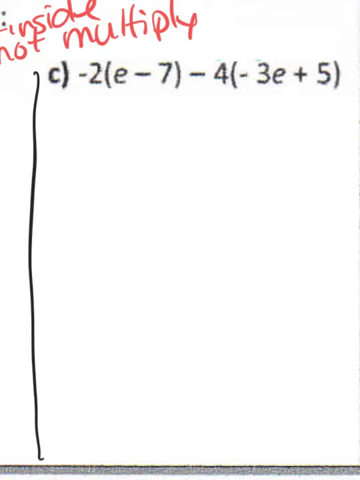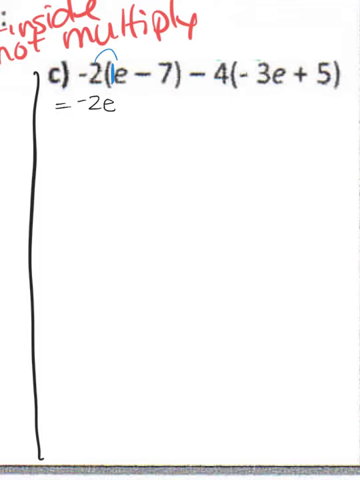So out front of my first bracket, I have a -2, and I'm going to do exactly what we were doing before. I'm going to make my rainbow between my -2 and my E. Notice here that now I have a negative number out front of my 2. So what that means is I'm going to do negative 2 times that invisible 1 that's here. Okay, so I'm doing negative 2 times 1. That gives me a negative 2.